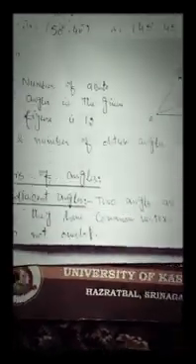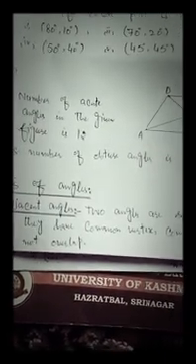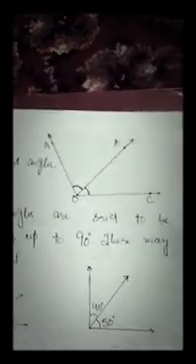Now we are going to learn about the pairs of angles. First one is adjacent angles. What are adjacent angles? Two angles are said to be adjacent if they have a common vertex, a common arm, and they do not overlap. For example, in this figure, we have angle AOB and angle BOC. These are adjacent angles.